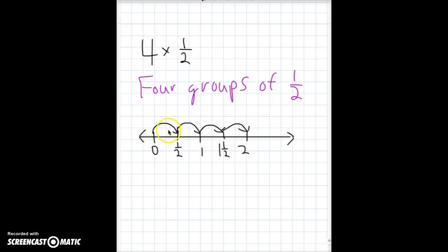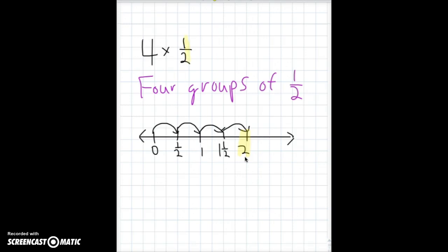Every time I jump on the number line, it's a group of 1/2. And you can see that if I have 4 1/2s, then that gives me 2 altogether.